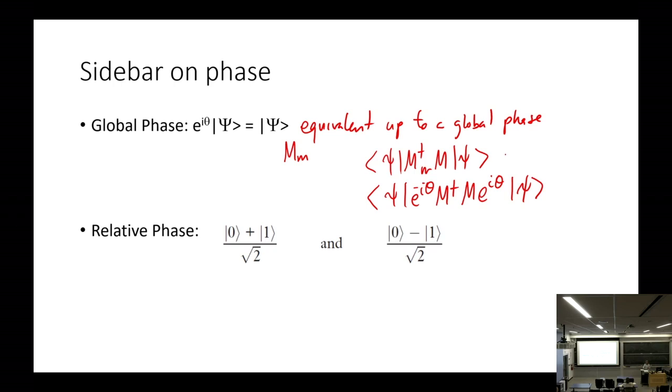And these two things are equivalent. So from an observational point of view, these two states are identical. This makes sense because observable quantities are just the probabilities.